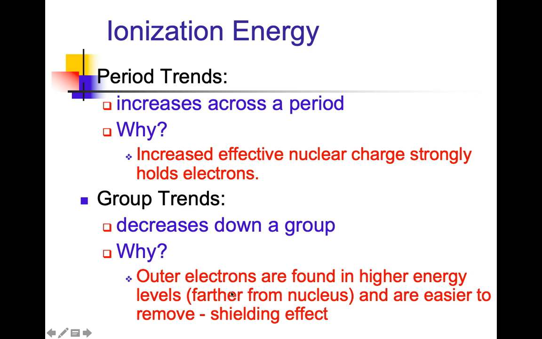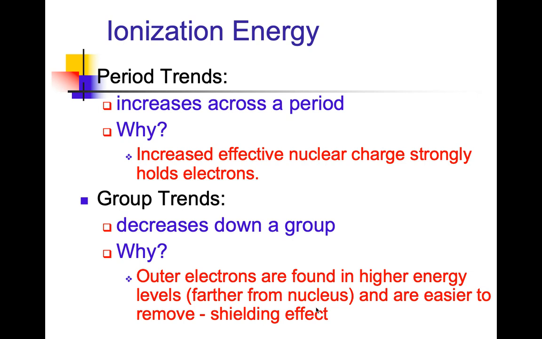And one thing that we do, this is a new term I didn't use with atomic radii, but it's called the shielding effect. And once you get a lot of electrons on the inner portion of the atom, it shields the positive charge of the nucleus. So the nucleus doesn't have as much effect on those outer electrons because they're being shielded by those inner electrons. And those inner electrons are called the core electrons. Okay?